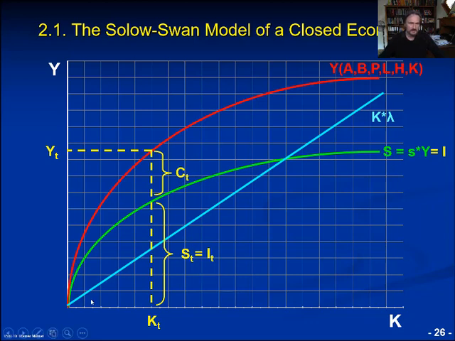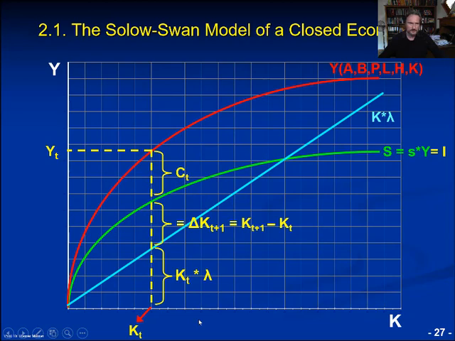If we subtract capital depreciation from gross investment, we receive net investment. Net investment equals the number of new machines, production facilities and so on, which are added to the capital stock.